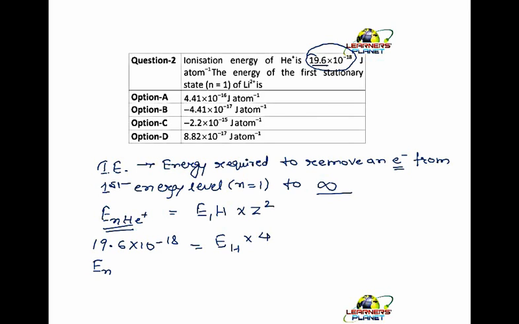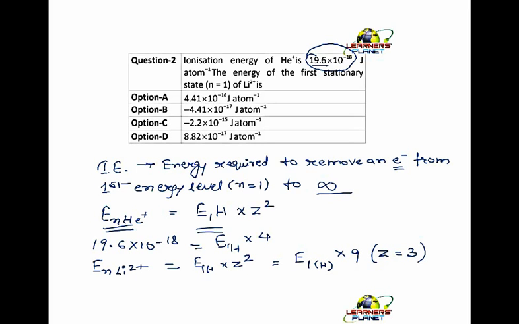Now, what is the energy of lithium? That is equal to the energy of hydrogen multiplied by Z square again, right? E1 of hydrogen into 9. Why? Because the atomic number of lithium is 3. Okay?